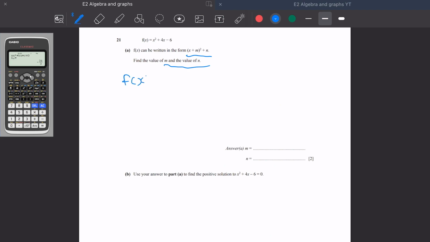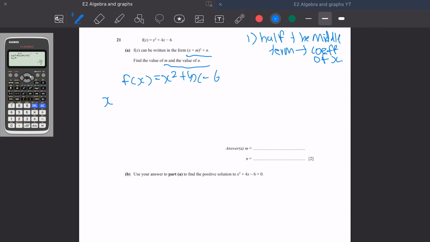f of x is x squared plus 4x minus 6. Now the first step is to half the middle term, that's the coefficient of x.